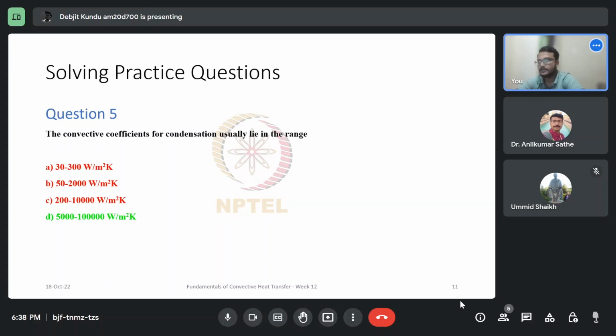So the value of H, which has a great influence on how fast the rate of heat transfer is, is very high in cases of phase change heat transfer. So all the cutting edge technology which has to employ a very high heat transfer rate, there these phase change heat transfer methods are used in one way or the other.